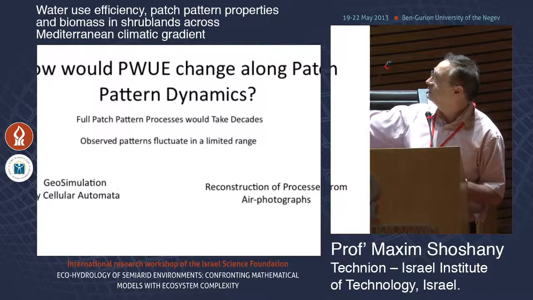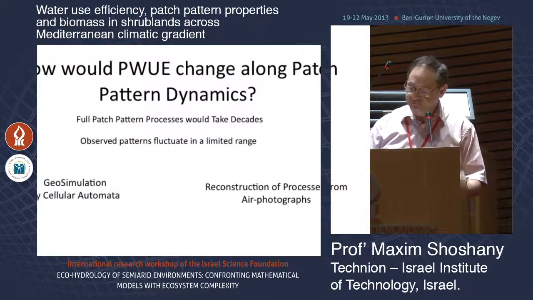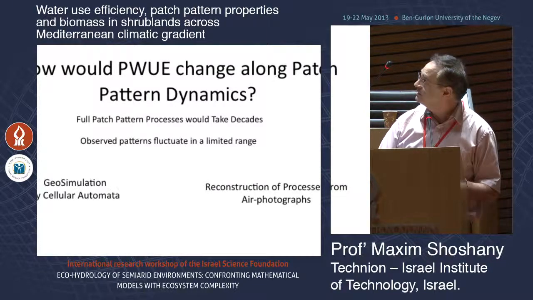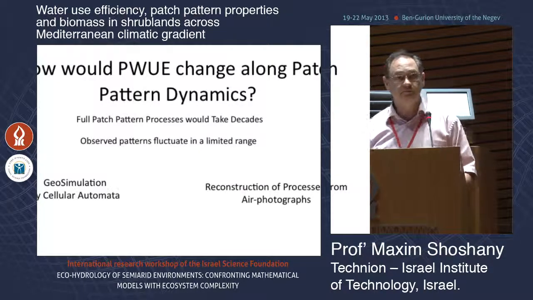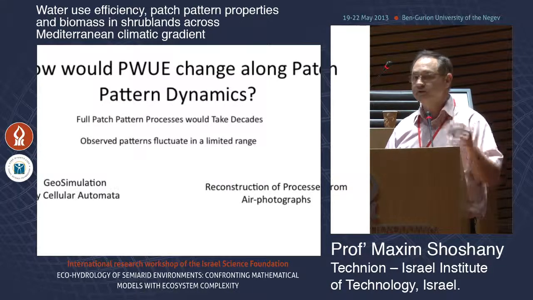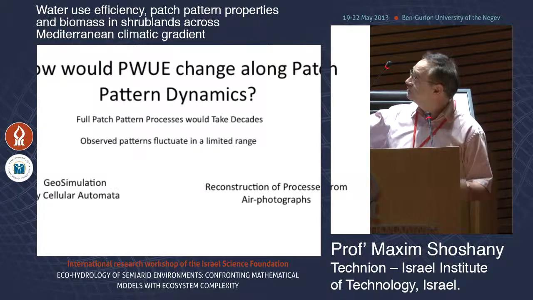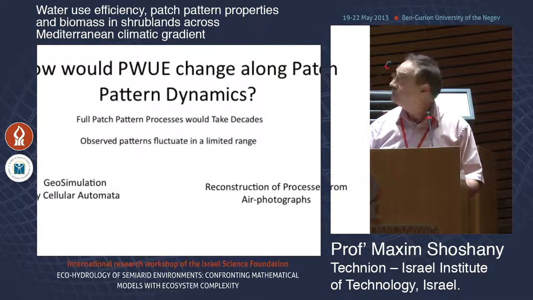And now we'll concentrate on the effect of pattern water use efficiency. The intrinsic water use efficiency at that stage will be represented by other parameters like NDVI and by the inclusion of the height of the life form or the height of the shrubs within the pattern water use efficiency parameterization.